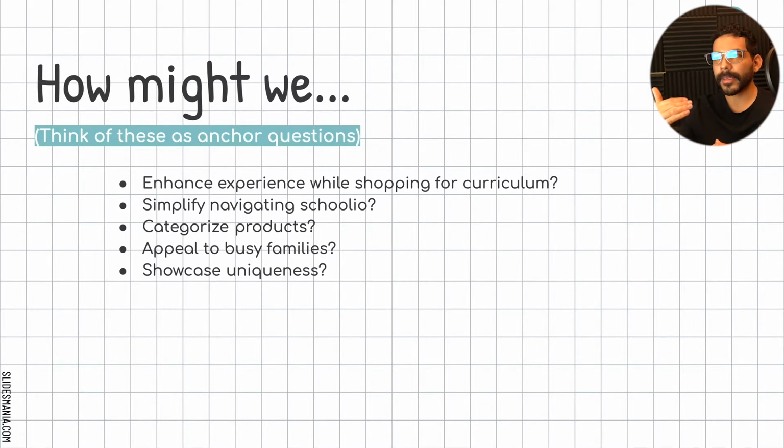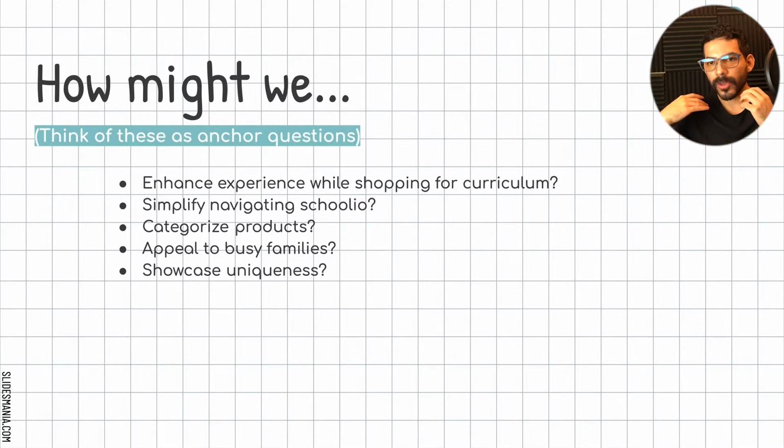So, simplifying navigating Schoolio: organizing pages and making it a lot easier for users to find products and just making it a lot simpler. Categorizing products, and seeing which ones are priority. Is a bundle the product that we are trying to sell the most?